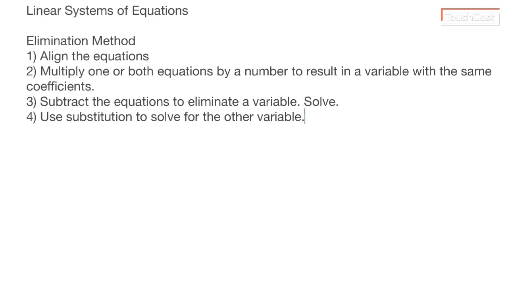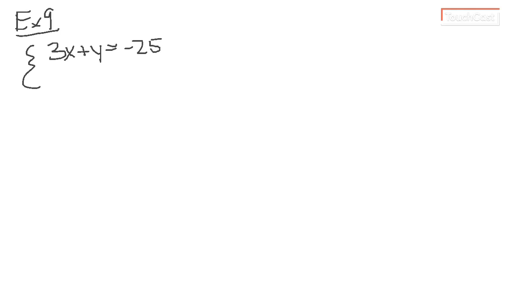So let's look at our first example, which in our note packet is example 9. We're going to have 3x plus y equal negative 25, and we're going to have negative 7x minus 6y equal 62.